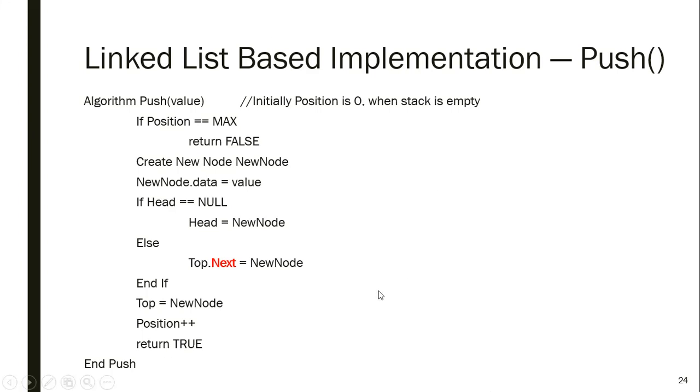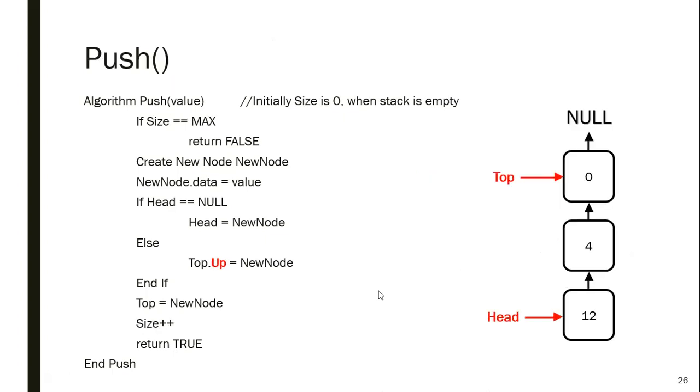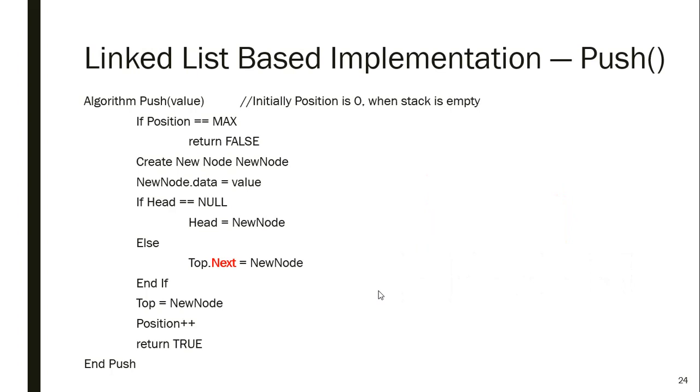So here is a simple algorithm. I think there is a bit of mistake here. It's not a mistake. Just consider this algorithm. Position means, see, in linked list there is no index.